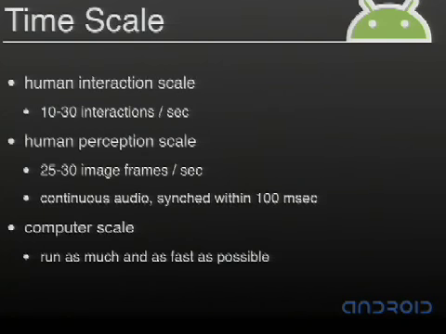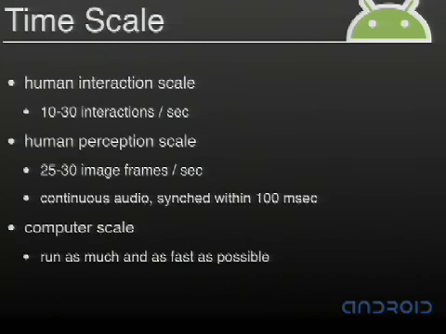At the computer scale, this is when you're doing some computation and you're just computing all out, and it doesn't matter what the user is interested in. The computer just needs to crank through. And the optimization problem is really a matter of trying to avoid having to do computer scale computations.